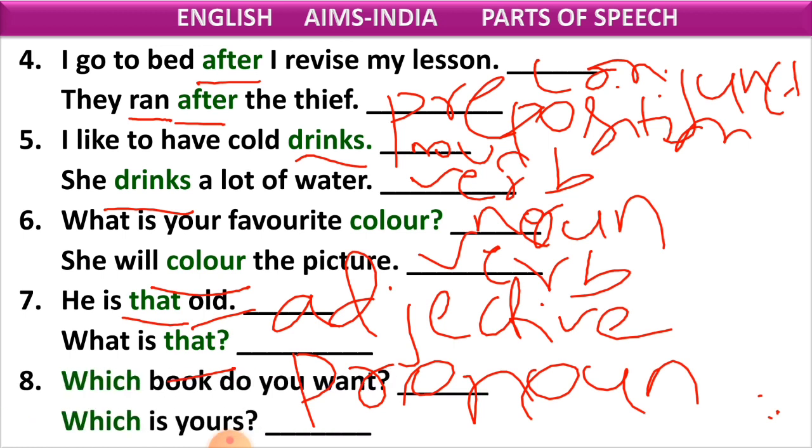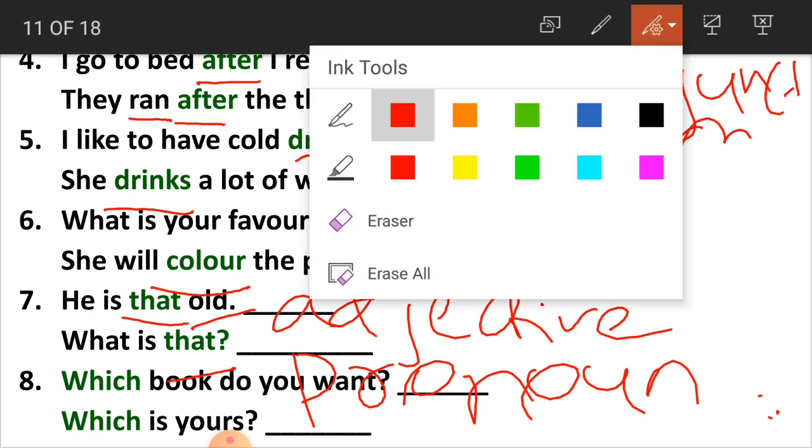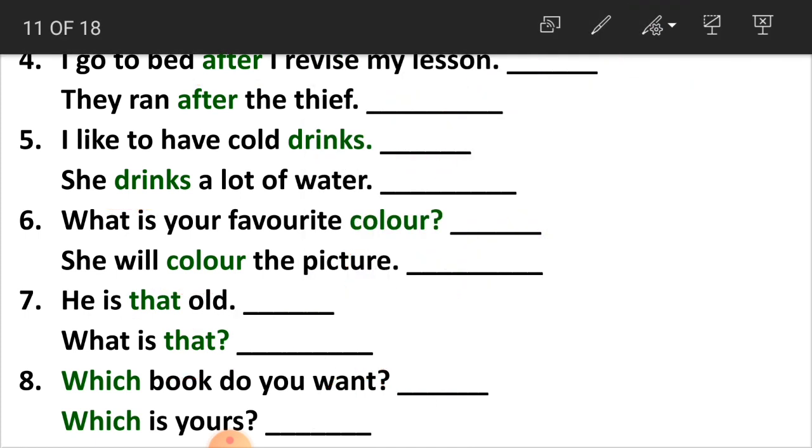So, next one. Which book do you want? See here. Hope you are clear children. Here we are asking you which book do you want? You imagine that you are having so many books in front of you, or if you go to a library, you will be having so many books there.